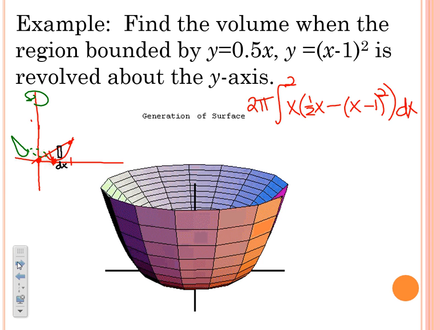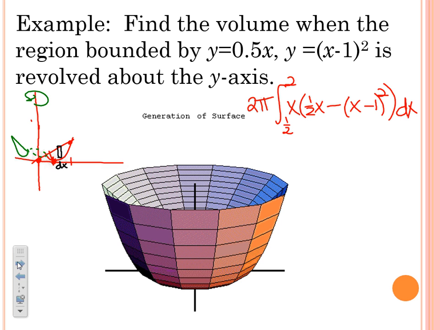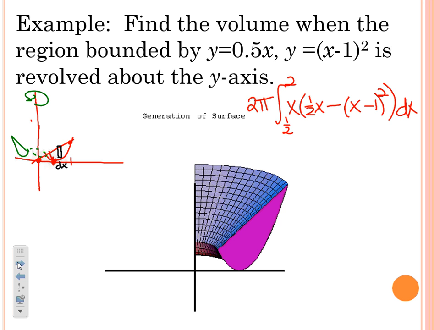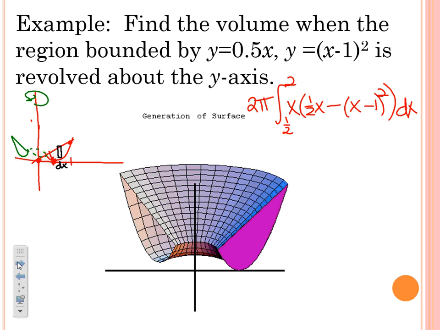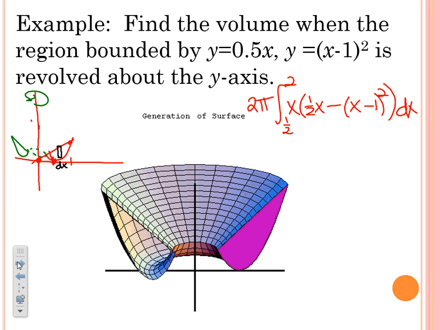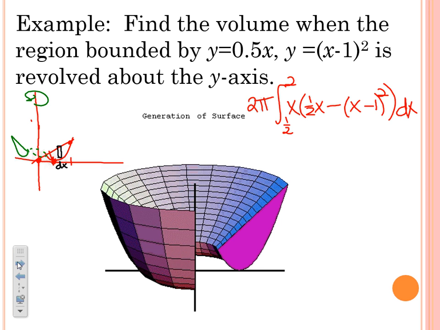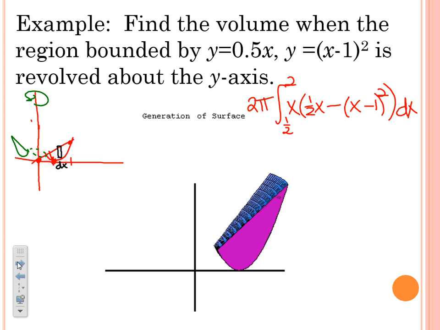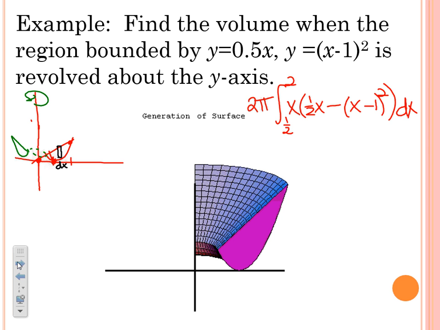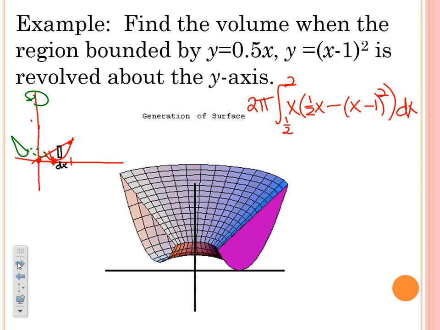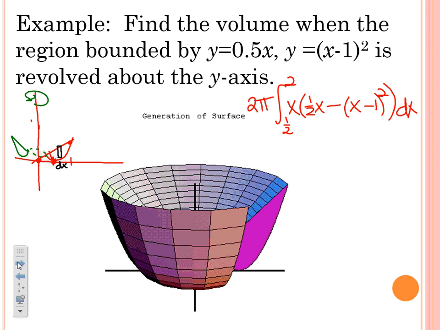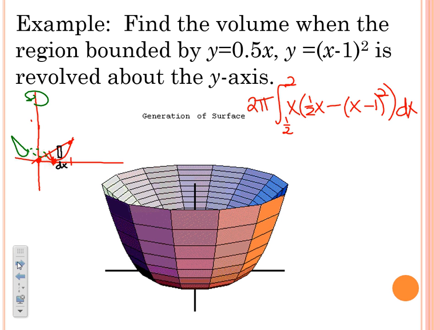How would we do it algebraically? You set them equal to each other. So 1/2 x would equal x squared minus 2x plus 1, which gives x squared minus 5/2 x plus 1. And then you would have to factor that.